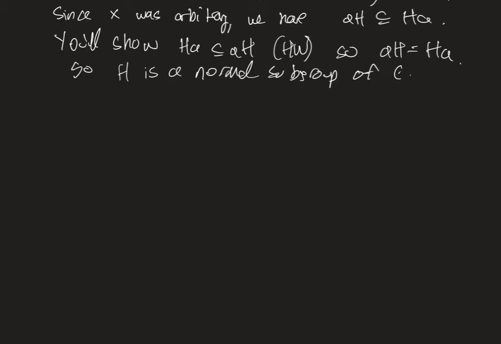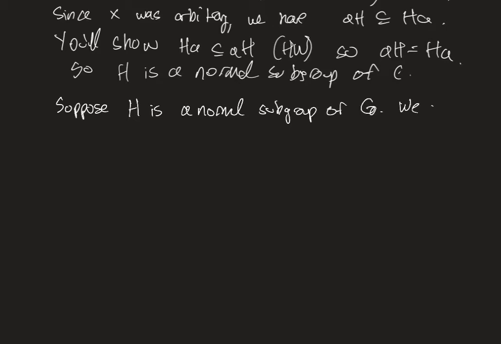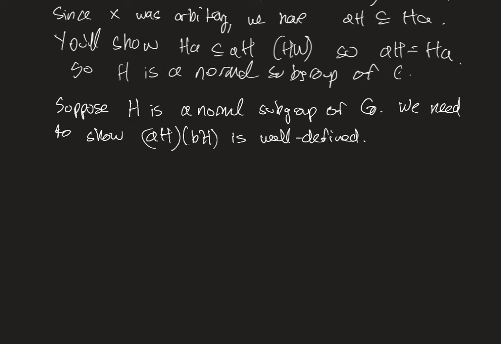Okay. So this is going to be similar to the proof in the previous lecture. Suppose H is a normal subgroup of the group G. We need to show that aH times bH is well defined, that is, that we get the same result regardless of which elements from the coset we choose.